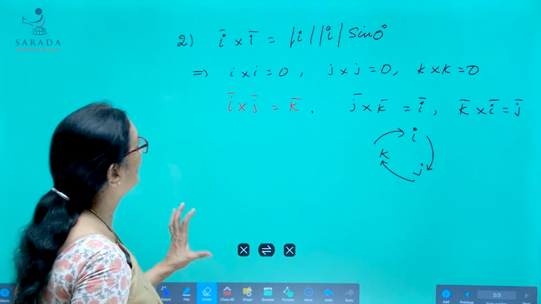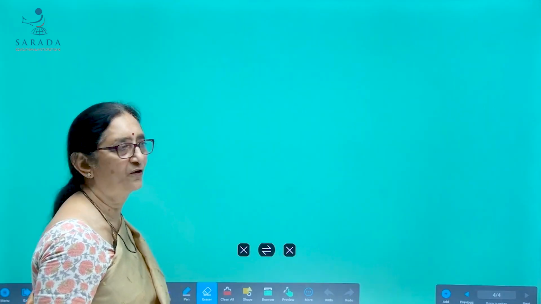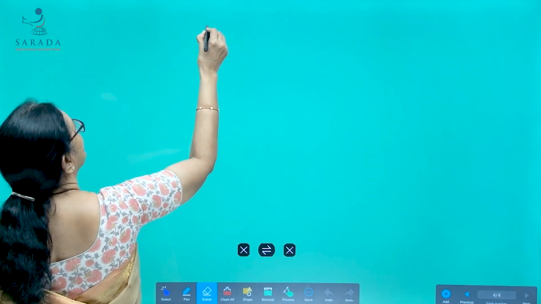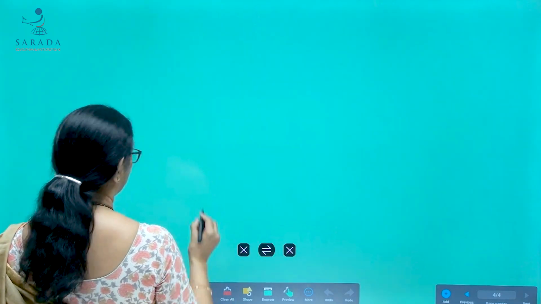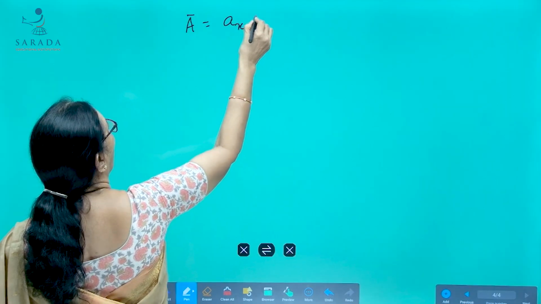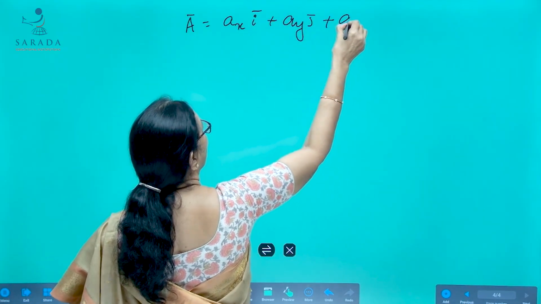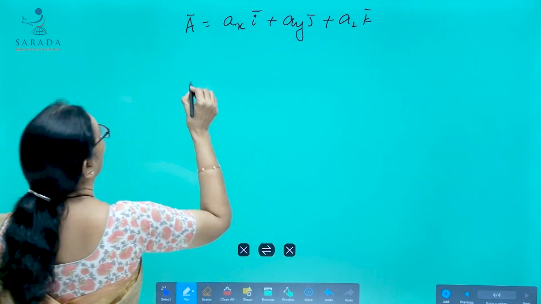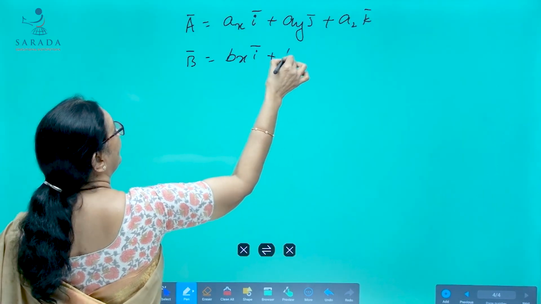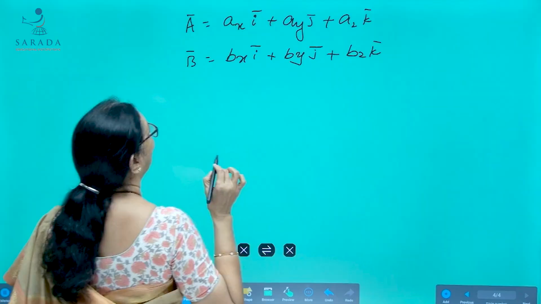Okay. So, now I'll explain how to find out the vector product or cross product of two vectors given. Look here. Next point is A bar is equal to AX I bar plus AY J bar plus AZ K bar, and B bar is equal to BX I bar plus BY J bar plus BZ K bar.